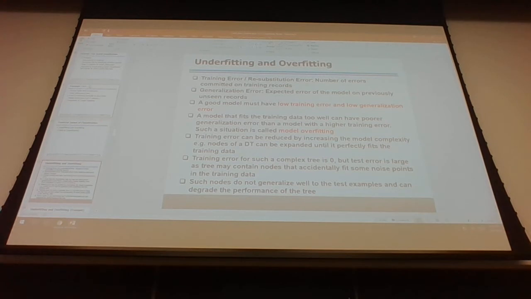Then we were trying to discuss overfitting and underfitting. This came up when we were trying to understand when do I stop the tree building process? If I don't stop at all, there can be a case that the data is so misorganized that you end up with a leaf node for every data point.